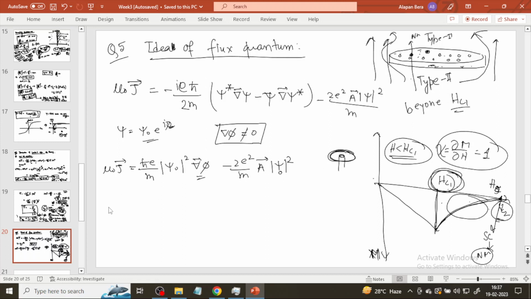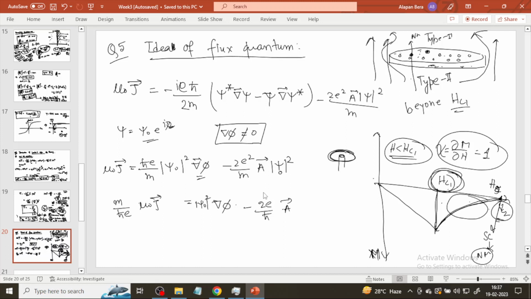Multiplying both sides by m by h cut e, we get, and minus 2e by h cut into A.